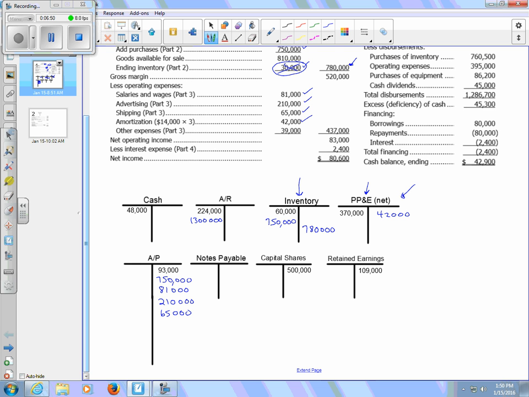And then we have the cost of property, plant, and equipment and the related accumulated amortization. That's what net means. The 39,000 other, we're just going to assume that it was all on account. We don't know what it is. So we got that one. And then interest expense. We're going to assume that it goes into interest payable or accounts payable first.